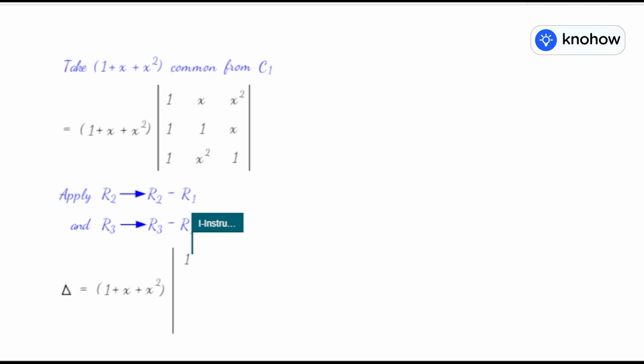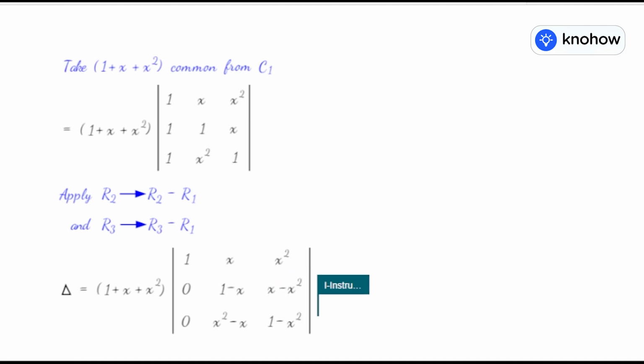R1 remains the same, 1, x, x squared. Applying R2 minus R1, you get 0, 1 minus x, x minus x squared. And similarly R3 minus R1, you get 0, x squared minus x, 1 minus x squared.